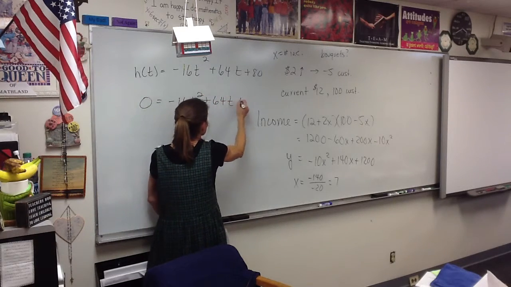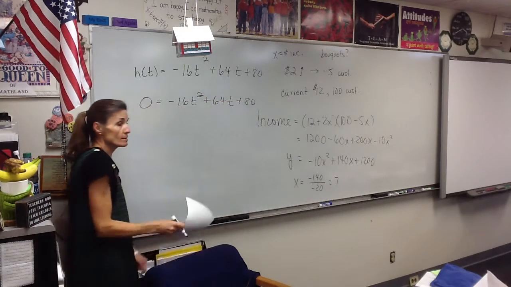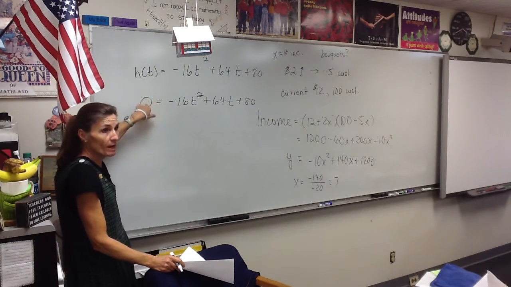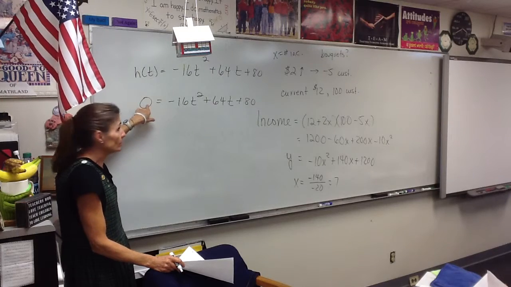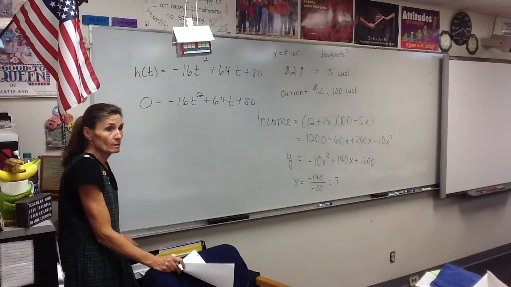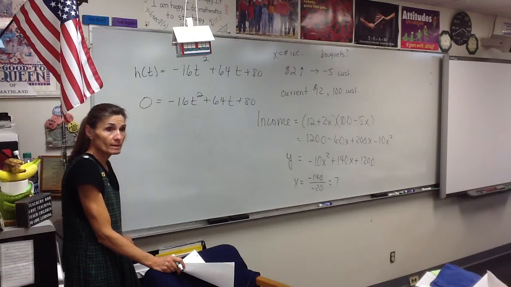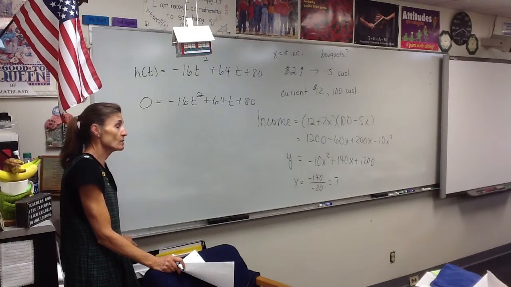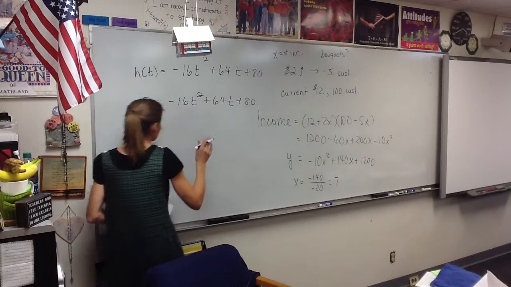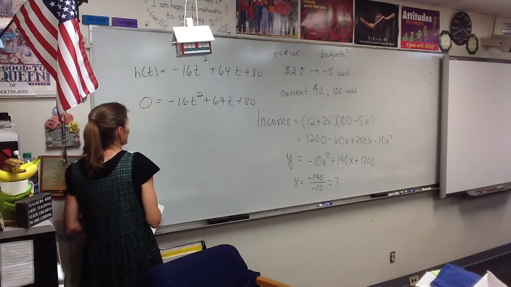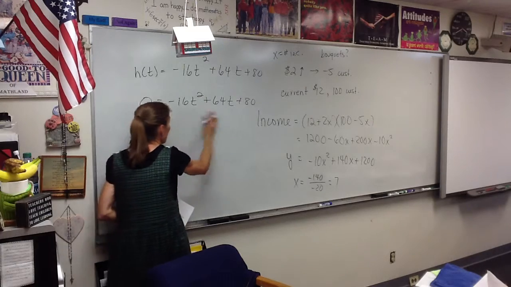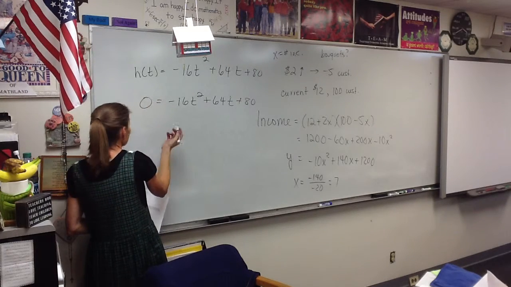Why do we set it equal to 0? Because it's on the ground, and this gives us the height. If it's on the ground, the height has to be 0. So what do we do with that equation? We solve it, right? It's a quadratic equation, so I'm going to solve it. If you want to, this is completely optional, it's set equal to 0, so the whole thing could be divided by -8.